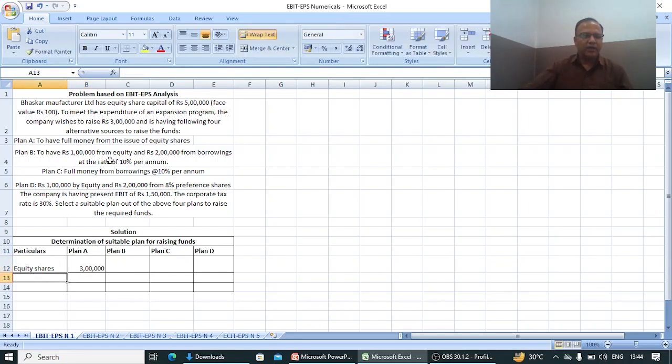Second, 1 lakh by equity and 1 lakh by debt, borrowings. You can say this is debt at the rate of 10%.